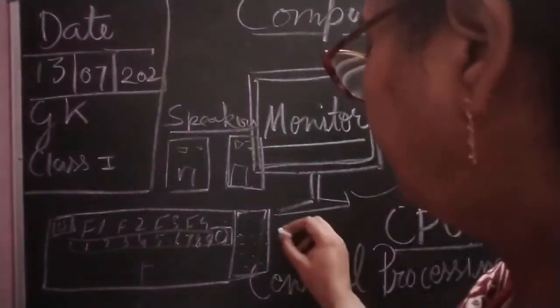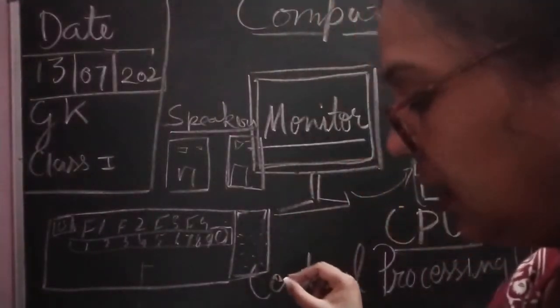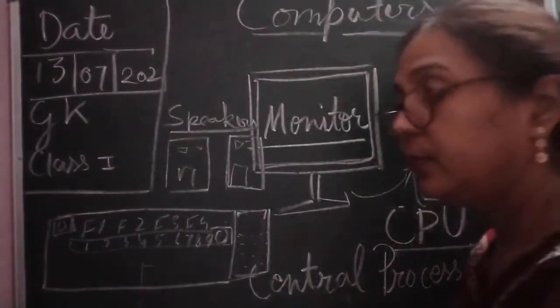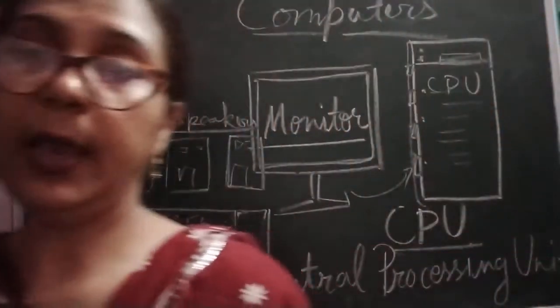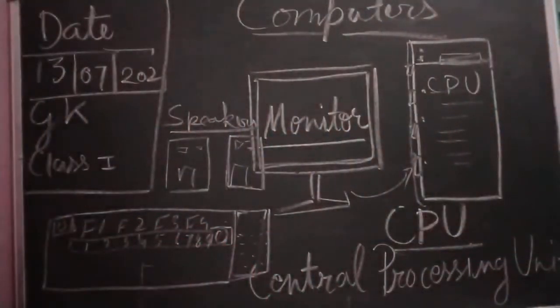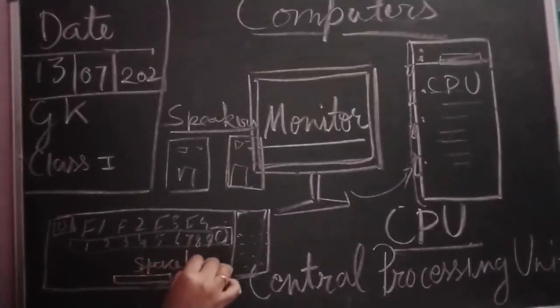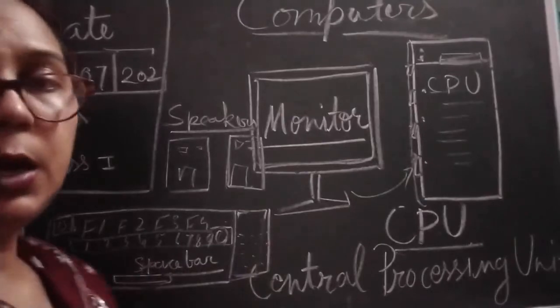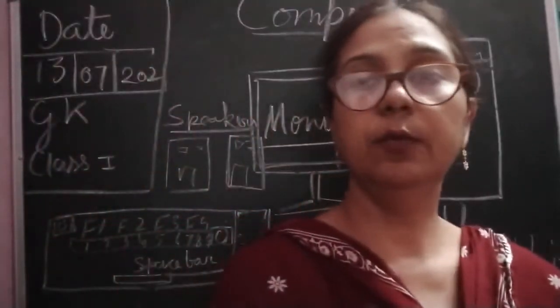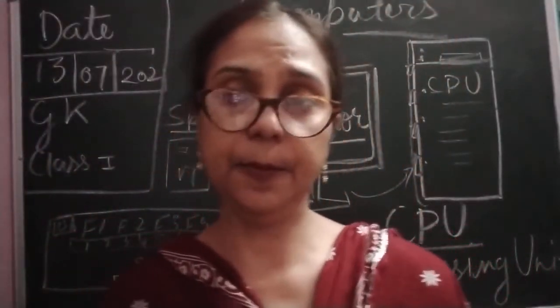And after that the plus button, and there the backspace also, and here at the center, at the middle, or you can say near the edge of this keyboard, you can see the space bar. Space bar plays a very important role in the keyboard while typing.